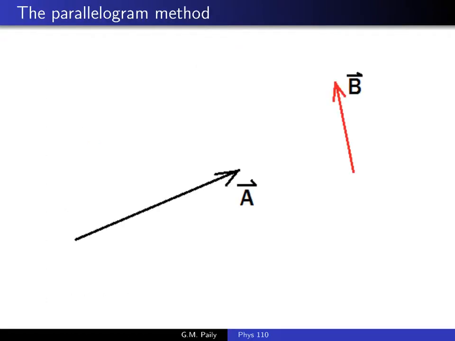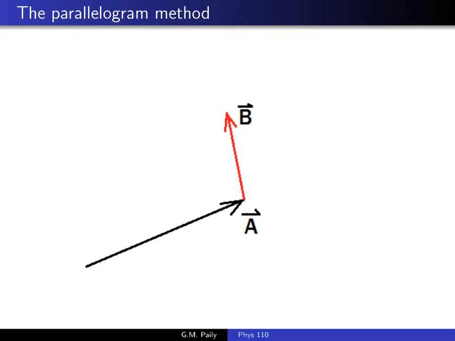The parallelogram method basically uses the two vectors that you're trying to add to draw a parallelogram. So we move the vectors again so that the tail of B is at the head of A, and then we duplicate B and shift it and put it at this position so that the tails of the two vectors join up.